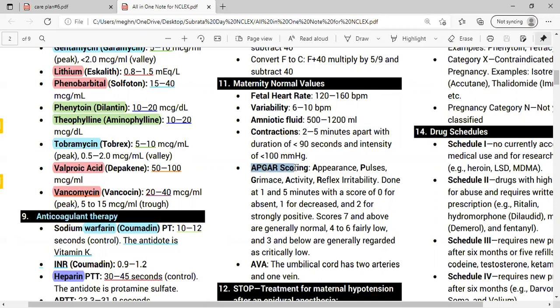Apgar score is important to measure your baby.